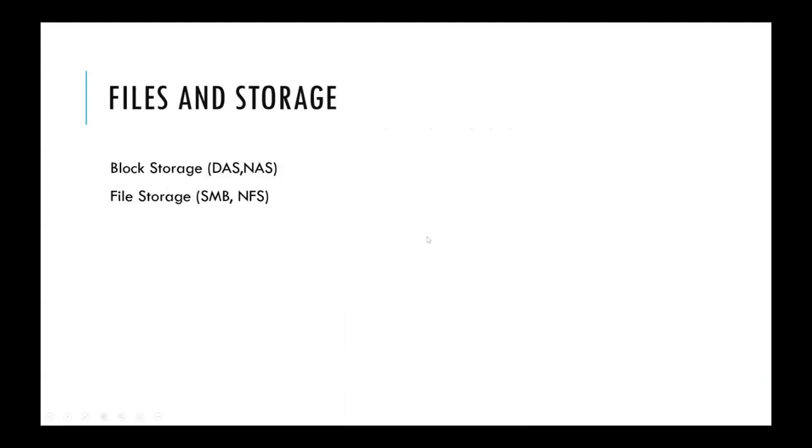Okay, so file and storage. This is pretty straightforward. Primarily we have two types of storage system. You have directly attached storage, which we all know: the hard disk drive on your system, and on your servers, are directly attached storage.